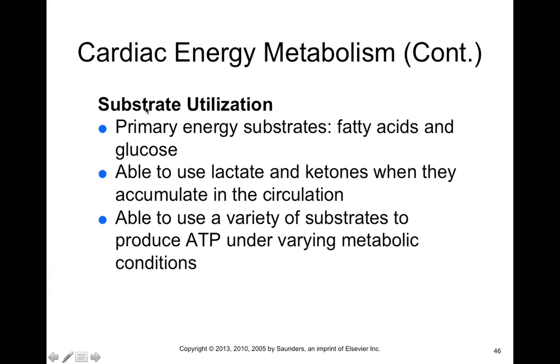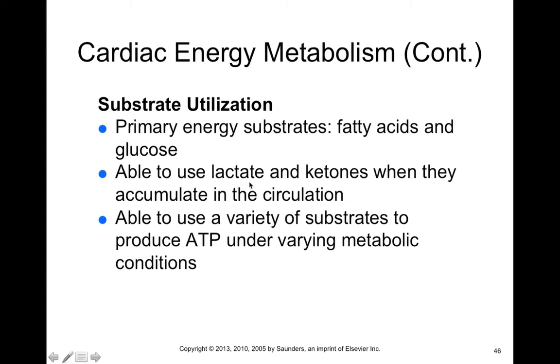Now, your heart will primarily use fatty acids and glucose to create ATP. However, under some more extreme conditions, the heart can use lactate, which is the conjugate base of lactic acid, as well as ketones to also make some ATP.